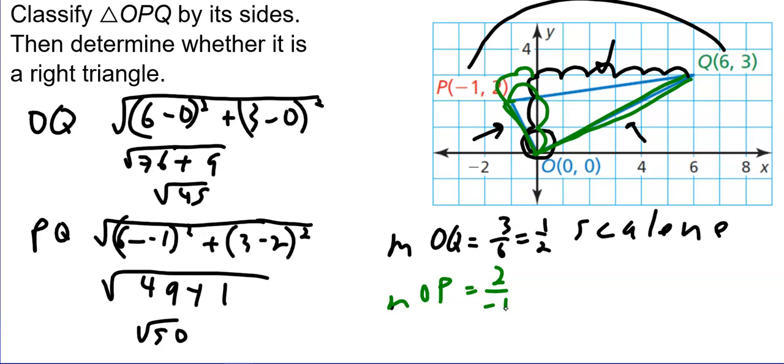So we have 1/2 and -2/1, which are opposite reciprocals. So this is also a right triangle. So it's a right scalene triangle.